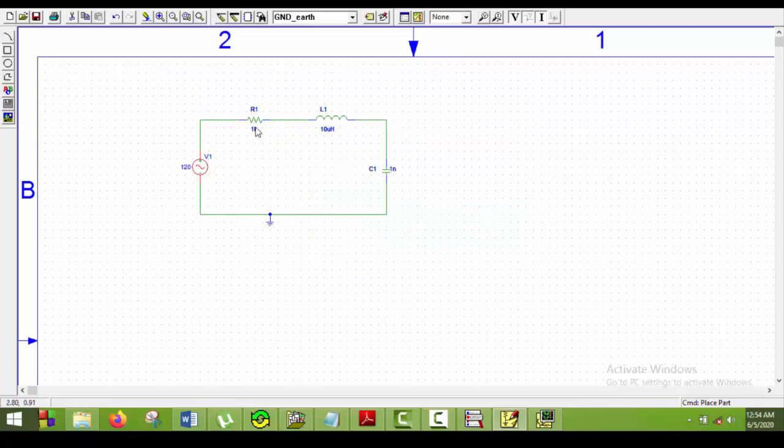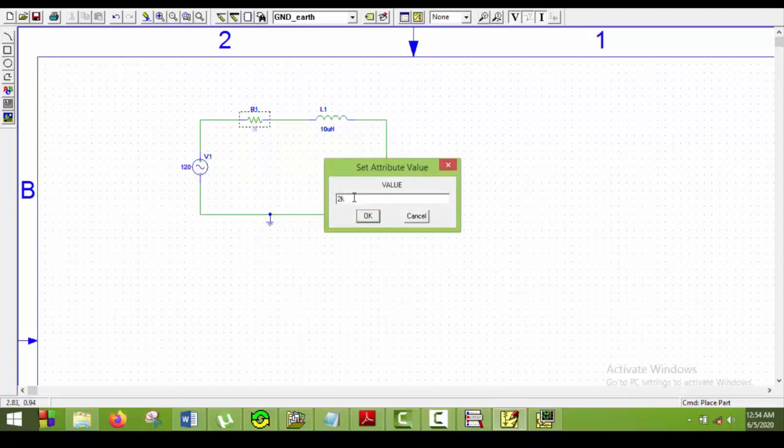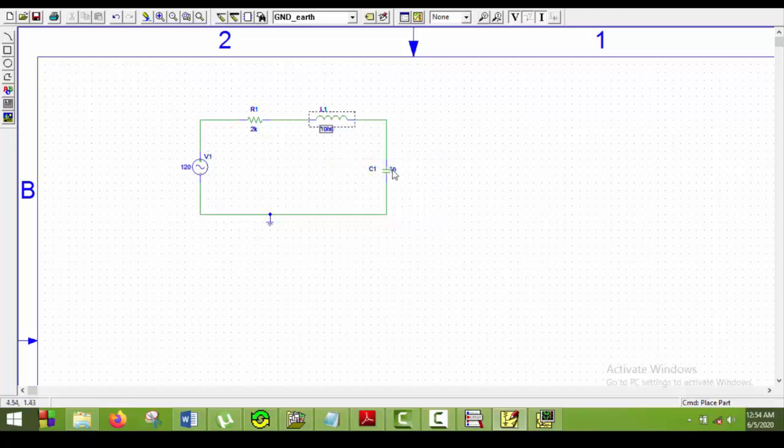The resistor is 2K. The inductance is 10 millihenry and the capacitance is 50 nanofarad. And we have put the values.